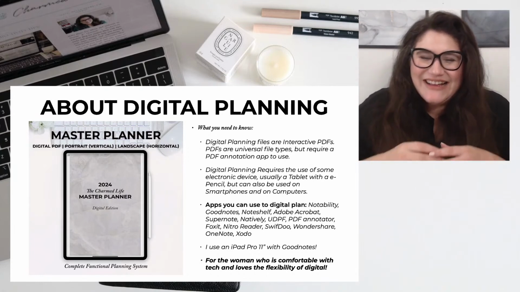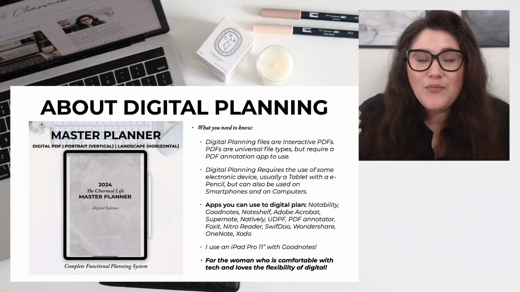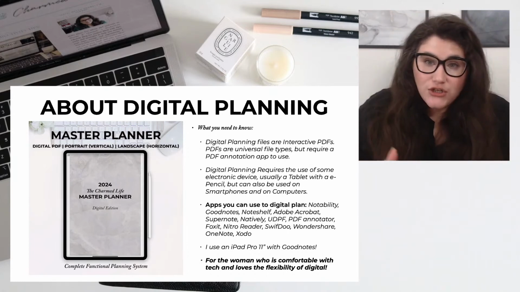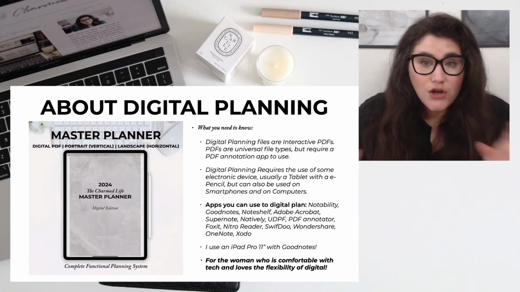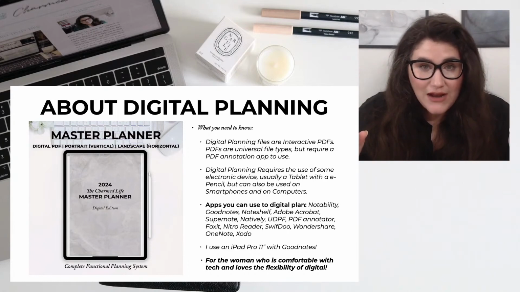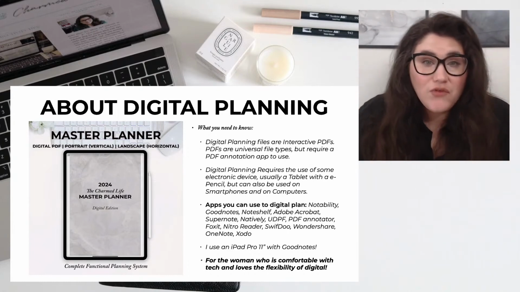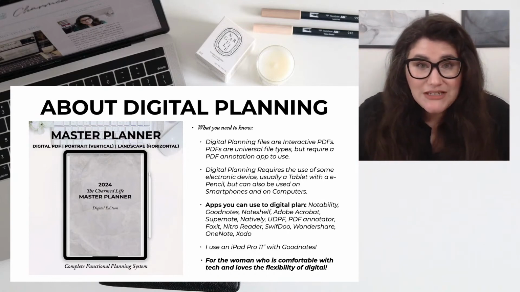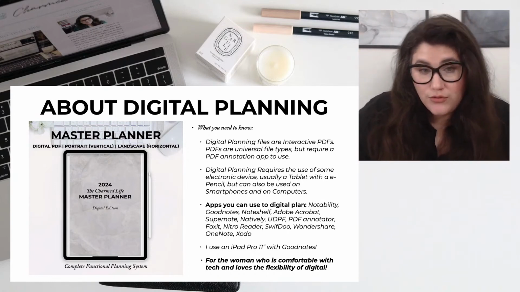Is that the word for it? But it can also be used on smartphones or on your computer. So you could technically use the digital planning on your computer, like with a PDF annotator app, and you'll have all the same functionality, and instead of writing on your computer screen, you'll probably be typing things in, but you can totally do that.